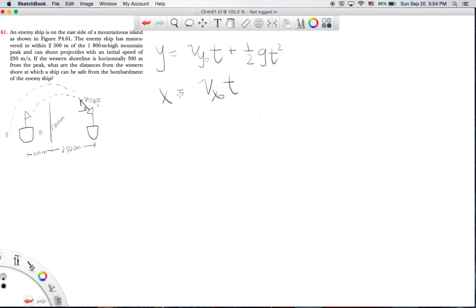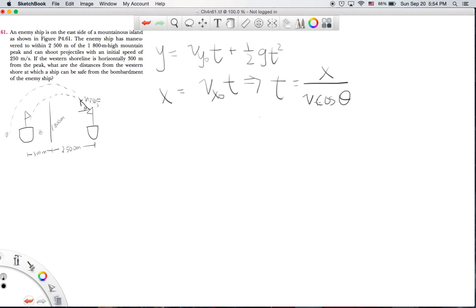So here, using this equation, we can get t in terms of x and v. So we get t equals x over v cosine theta, because the velocity in the x direction is the velocity at which the projectile is launched, times cosine theta, the angle at which it is launched.